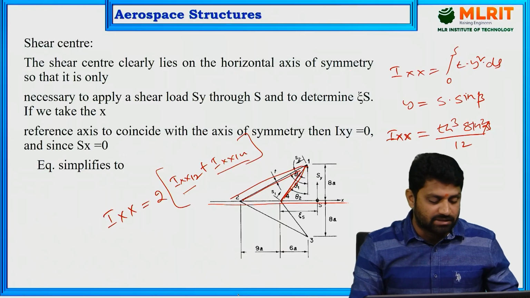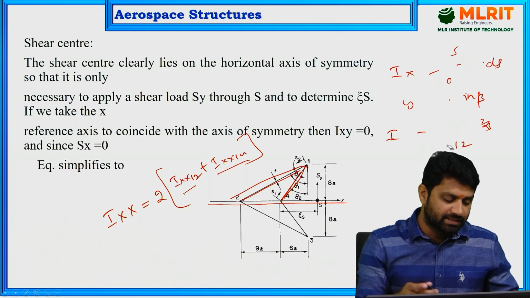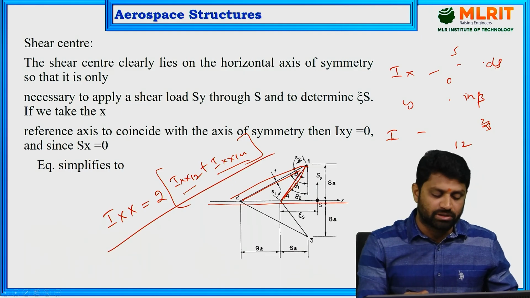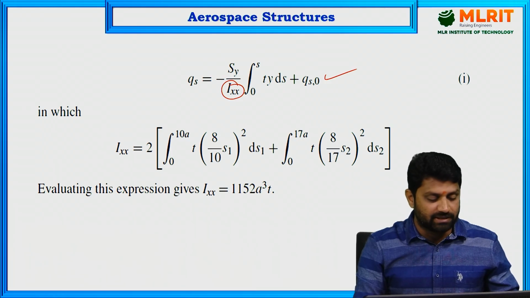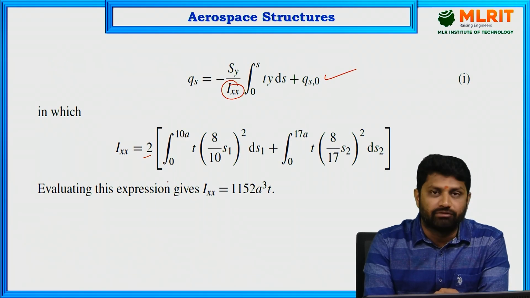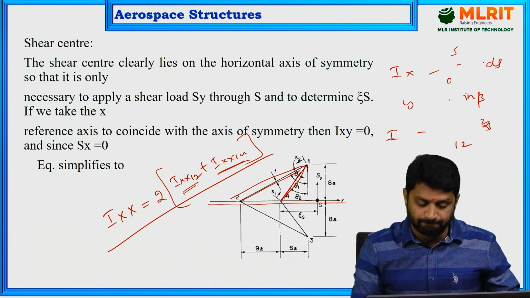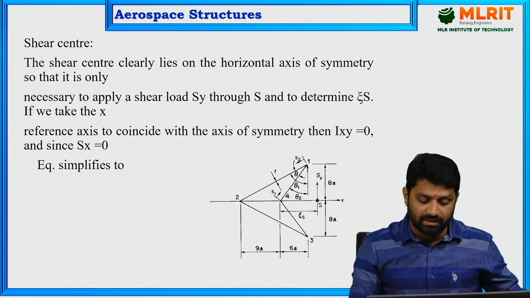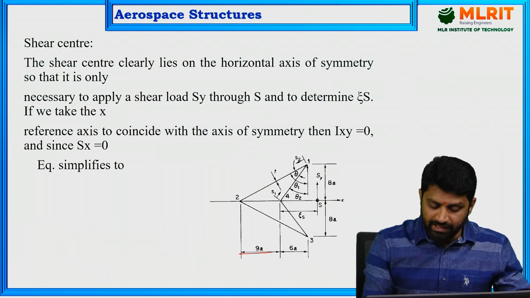As we discussed here, Ixx is the combination of both Ixx 1-2 plus Ixx 1-4, multiplied by 2. Now we have to see the same thing here, Ixx into 2, and for the first one 0 to 10a. What is that wall? Here we have 9a and 6a.